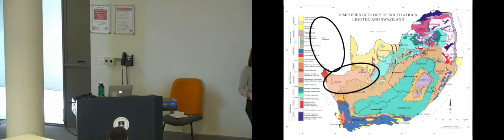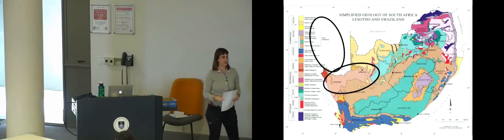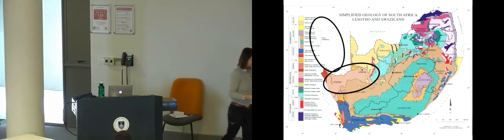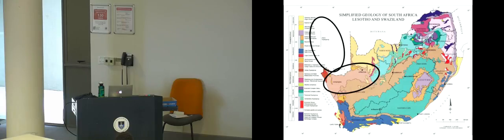And then what comes after the Archean? I thought I heard someone muttering it. What's next? Proterozoic, exactly. Proto means first, and zoic is to do with life. So this is the Proterozoic, and that's from 2.5 billion years ago.